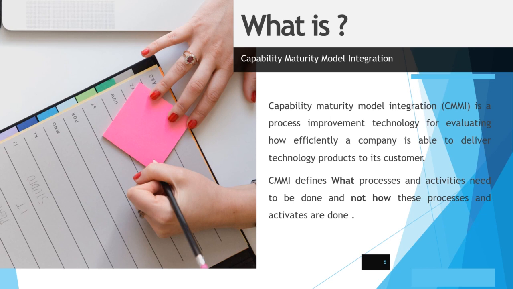So CMMI, we can say, is a process improvement technology for evaluating how efficiently and effectively a company is able to deliver technology products to its customers. It defines what processes and activities need to be done and not how these processes and activities are done.